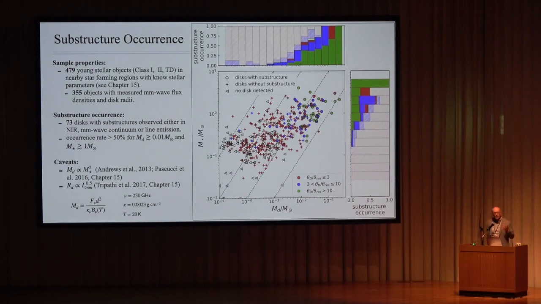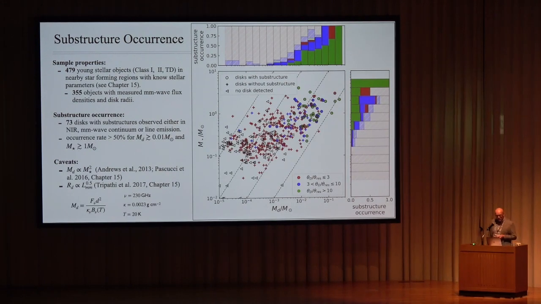OK, so to address the occurrence, we tried to collect what has been done in the literature up to 2021/2022. And so we put together this catalog of about 500 young stellar objects in nearby star forming regions. These are objects with known stellar properties, meaning that we know the mass of the star. 355 of these have measured millimeter fluxes and disk masses, and most importantly, disk radii.